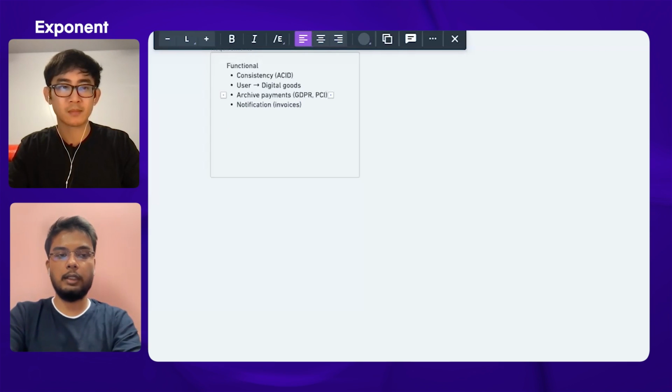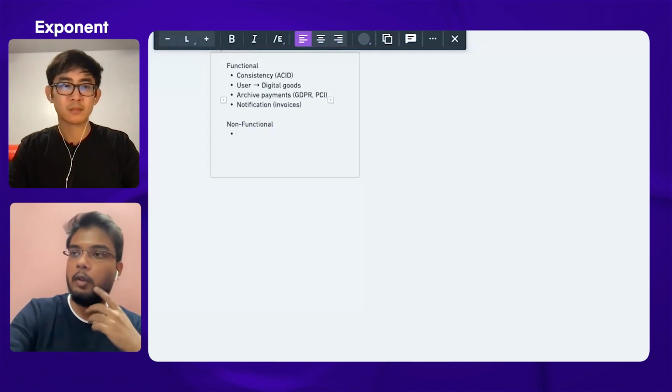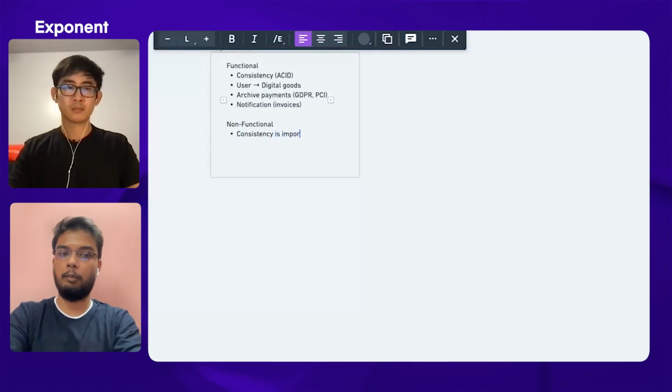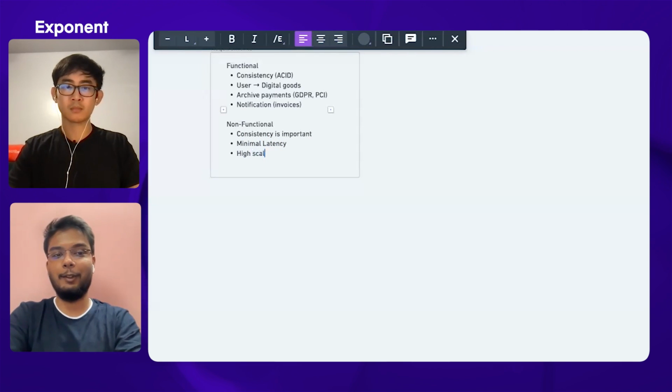So I also want to discuss some non-functional requirements. For non-functional, again, we have the classic consistency is important. And then we have minimal latency, high scalability, the usual, scalability and availability.